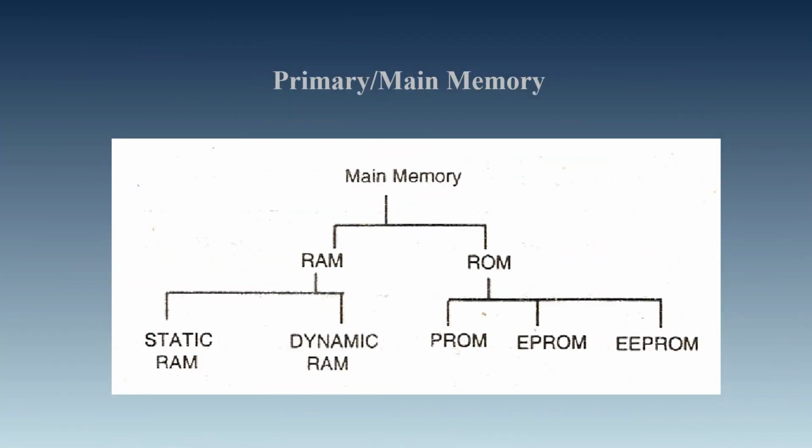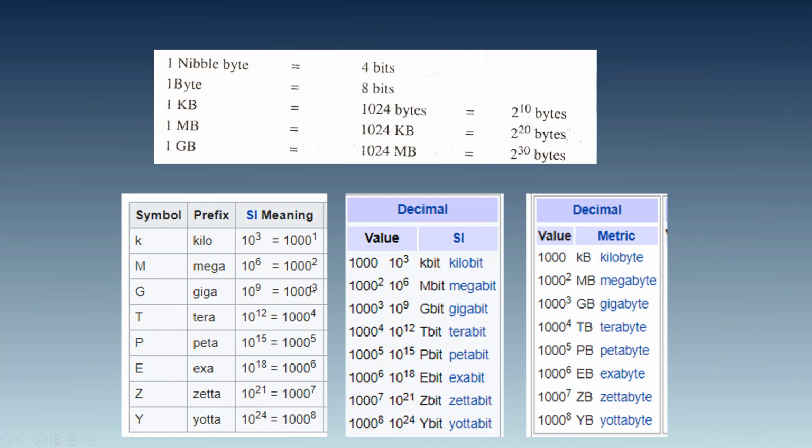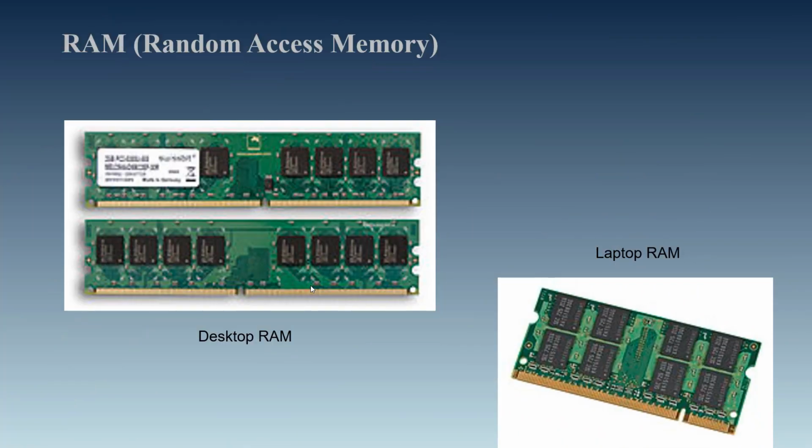It's also called main memory. It is further divided into random access memory and read-only memory. In random access memory, today we use only dynamic RAM, which is much faster than the static RAM, and this is what the RAM chip looks like. This is the random access memory.